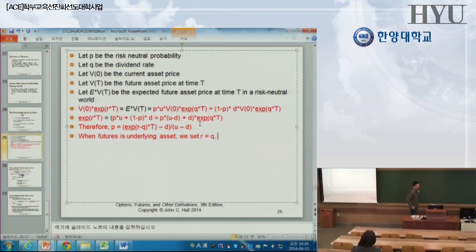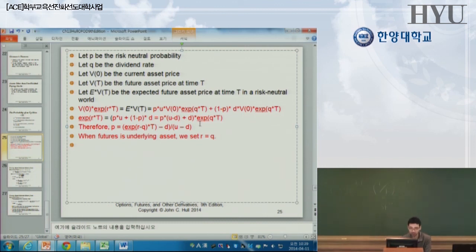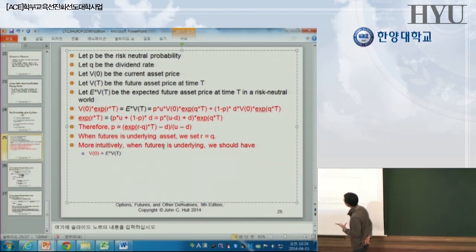However, my preferred intuition is this one. We should have actually this one, which means that when a futures contract is the underlying asset, my argument is the expected value of the underlying asset in the future.